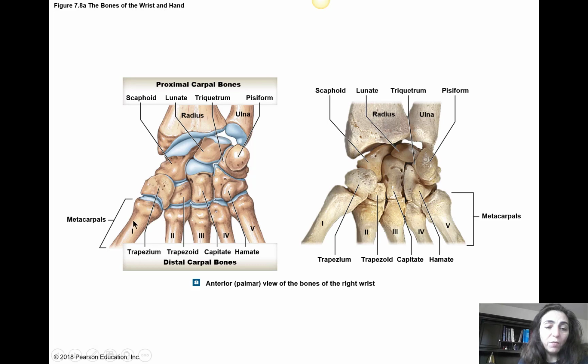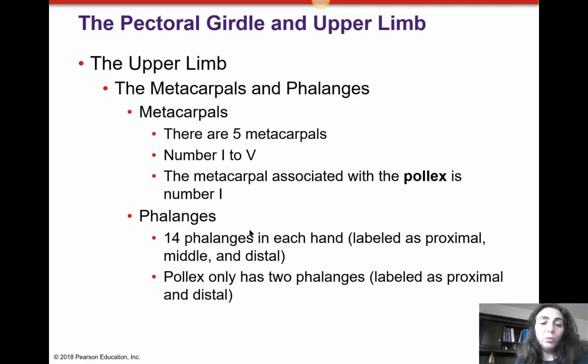Then after these ones we have the metacarpal bones, the long bones that we have here, and starting from the side of the radius and the side of the thumb, we start numbering them 1, 2, 3, 4, 5, right? So there are 5 metacarpals, number 1 to 5. Number 1 is the side of the thumb, and the metacarpal associated with the pollex is number 1. You remember pollex is the thumb, right?